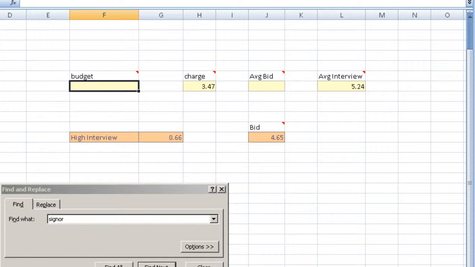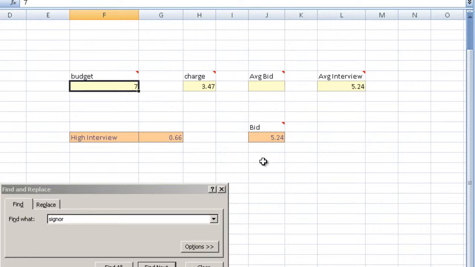So it might be a good idea to include the budget if they have a budget set. A lot of times on hourly jobs, they won't even mention the budget. They'll just let the bidders have at it, and they'll see what the results are. But in this case, they have a budget, so I'll leave the 7 in. And what I'll get is $5.24.